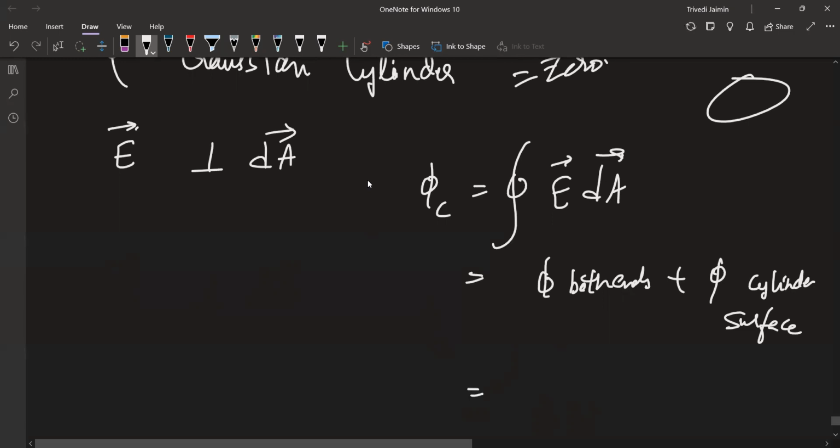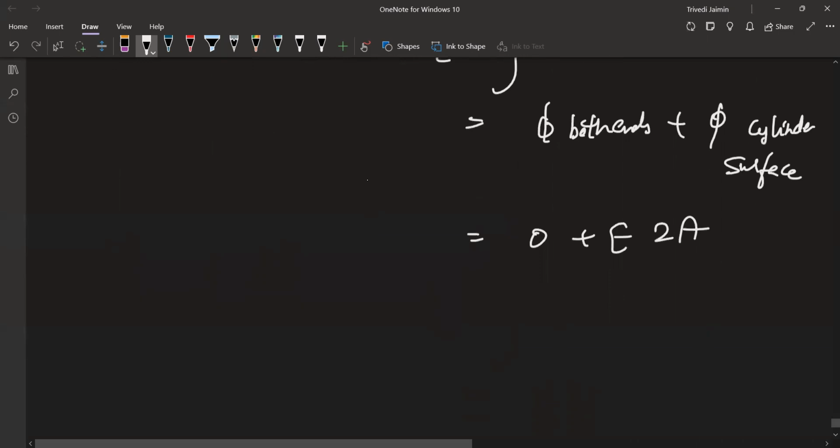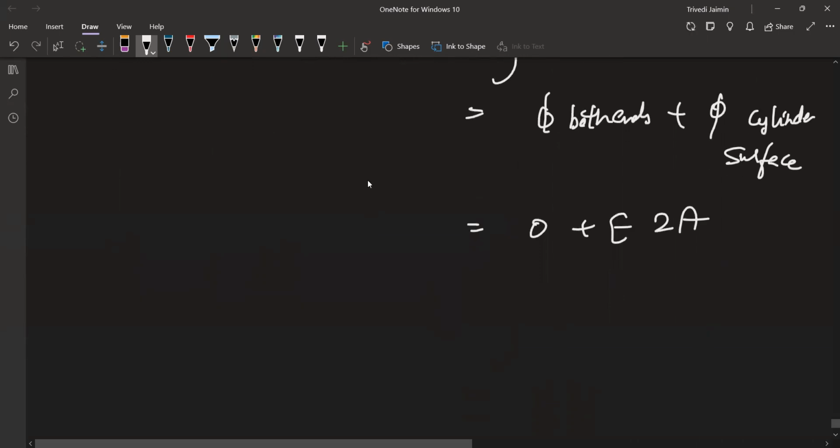As we wrote above, both ends are 0 plus E area is 2 pi r into that length.